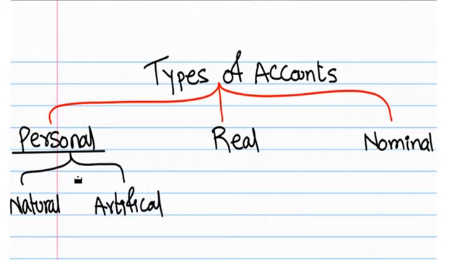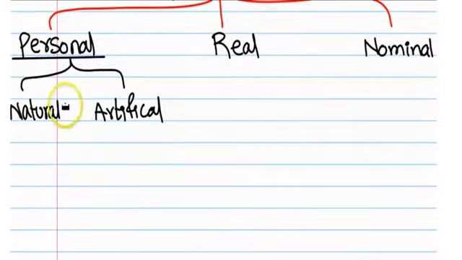Who is included in natural persons? I will give you a very simple example. All human beings are included in natural persons.